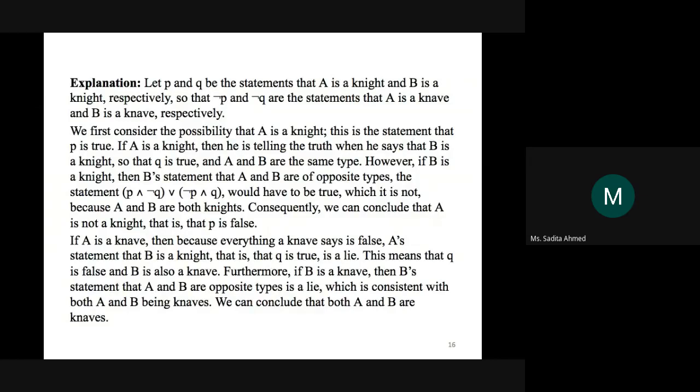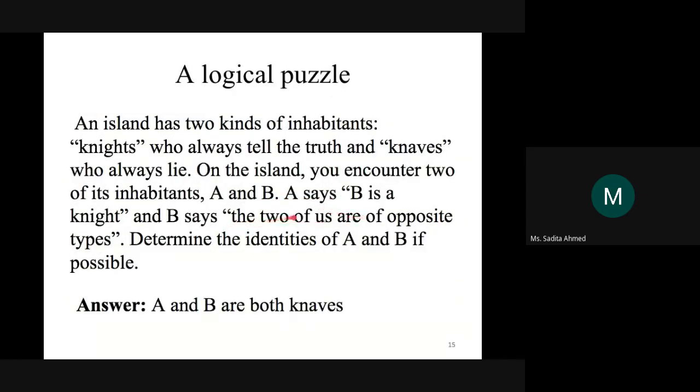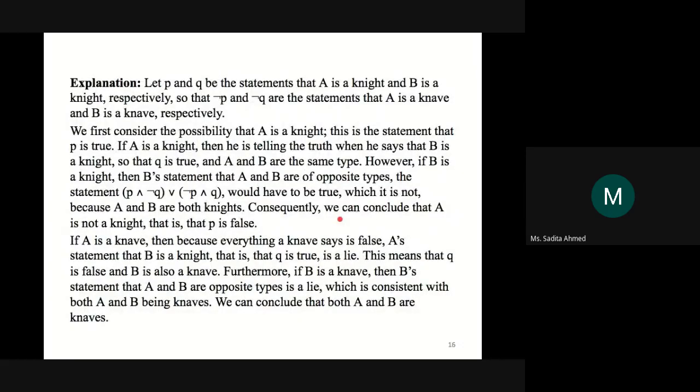Can anybody tell me about a different representation of this statement, the two of us are of opposite types, this statement that B made, this proposition? By different I mean using a different operator, something that you've already studied actually. Yes, miss. Or and. Like first we have to combine with exclusive or. Come again? Can we do exclusive or?